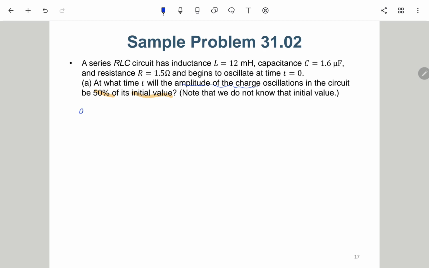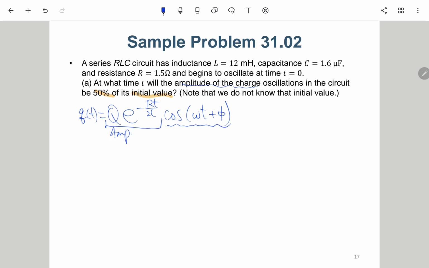When we have the expression q(t) equals capital Q times exponential to negative R over 2L t, and then cosine of omega t plus phi, we consider the exponential part to be the amplitude. This part is the oscillation part.